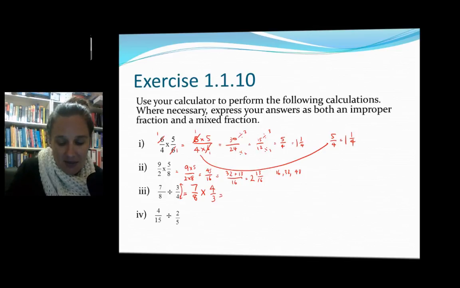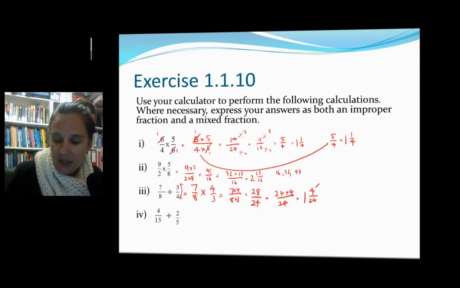So now we have 7 times 4 over 8 times 3. 7 times 4 is 28, and 8 times 3 is 24. So here we've got 24 and 4 more out of 24. So 1 and 4 out of 24. If we divide by 4 and divide by 4, we get 1 and 1 over 6.